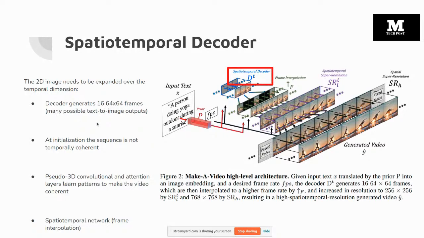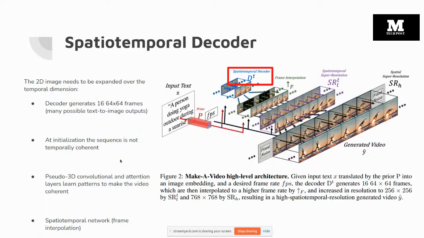And so at the beginning, basically, we randomly sample our generator, and we're going to obtain a sequence of frames. Of course, at the initialization, this sequence is not temporally coherent. So for instance, if we are inputting a person doing yoga outdoors during a sunrise, if I sample 16 times our generator, I will get 16 different frames of a person performing yoga.